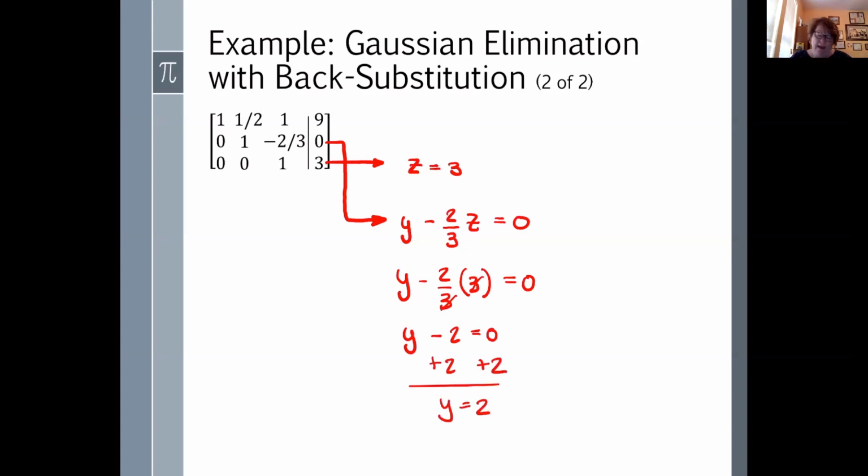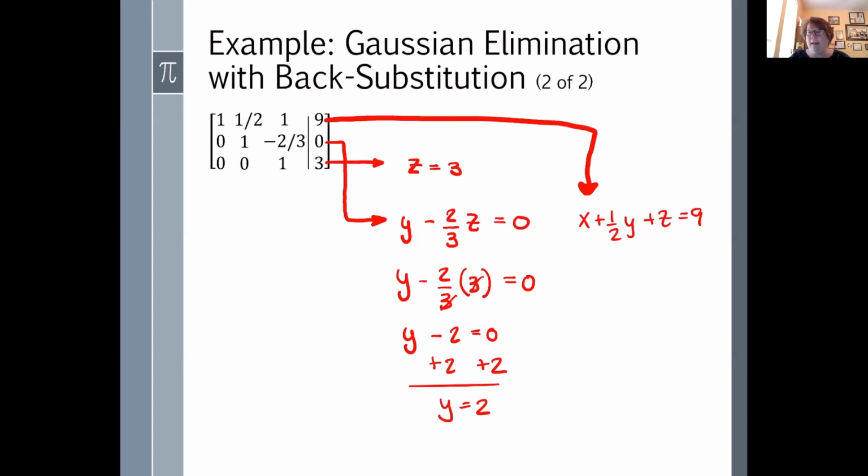All right, next I'm going to take this top row and write the equation that fits that top row. I have x plus 1/2 y plus z equals 9. Remember, those elements in that first row in my augmented matrix represent the coefficients on my x, y, and z and my constant.